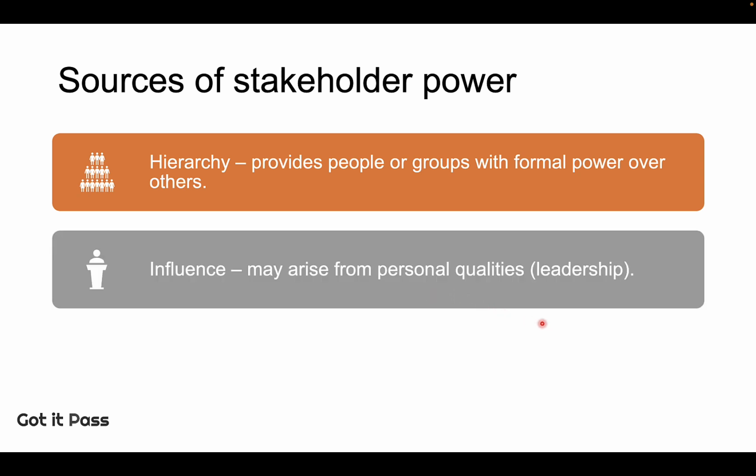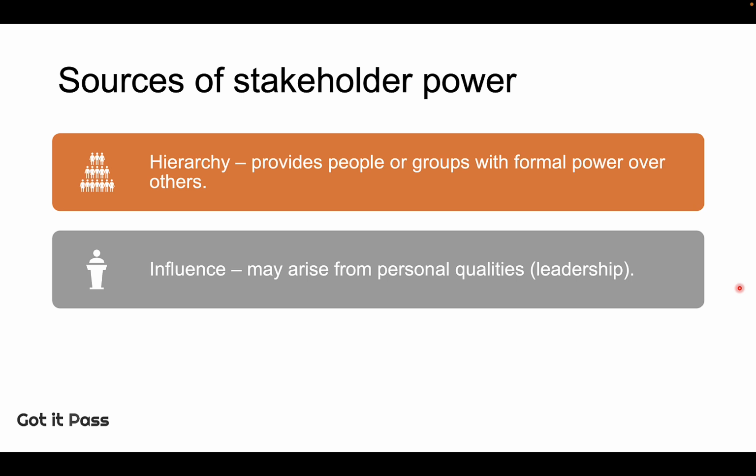And next is influence. Basically, it comes from personal qualities, say leadership. Sometimes in an organization, management are empowered by the hierarchy, so they can work as leaders. But among the mid-level managers, we can identify some high potential managers with very charming presentation skills who also work very well with other people.